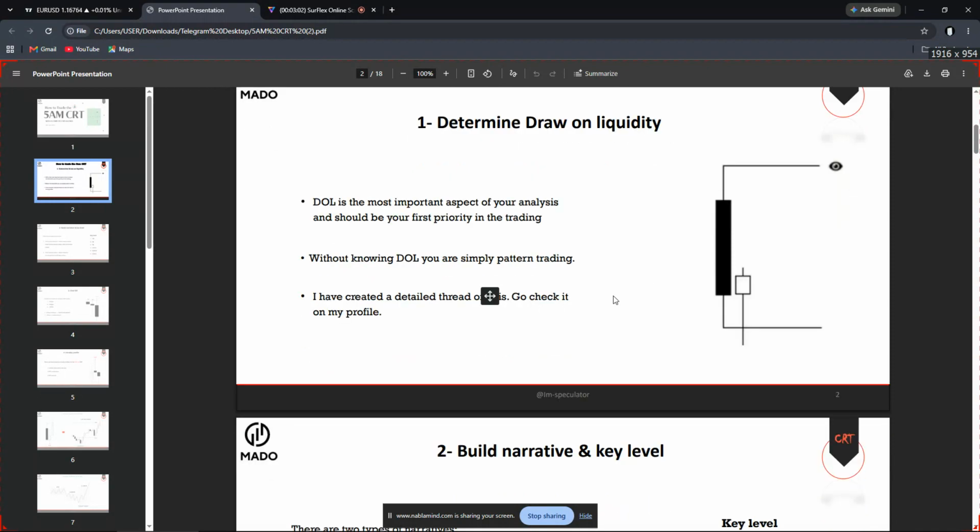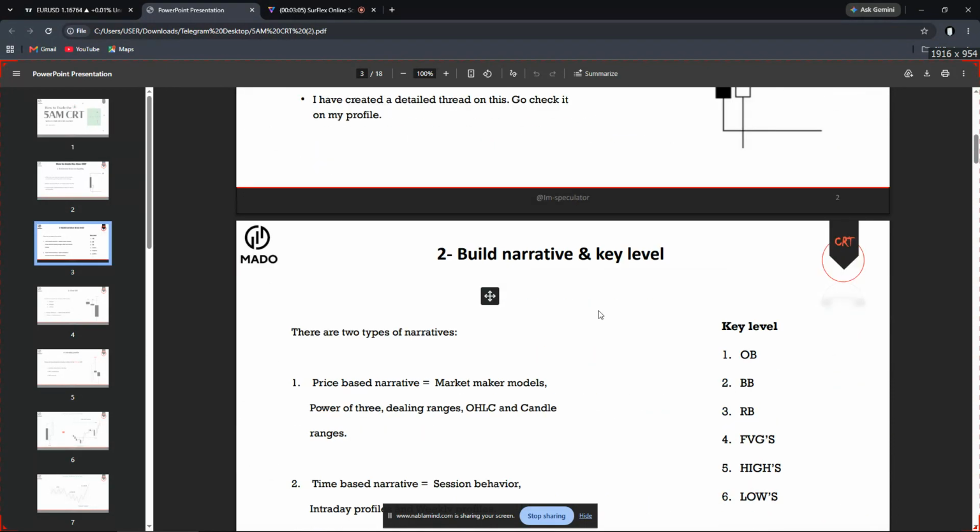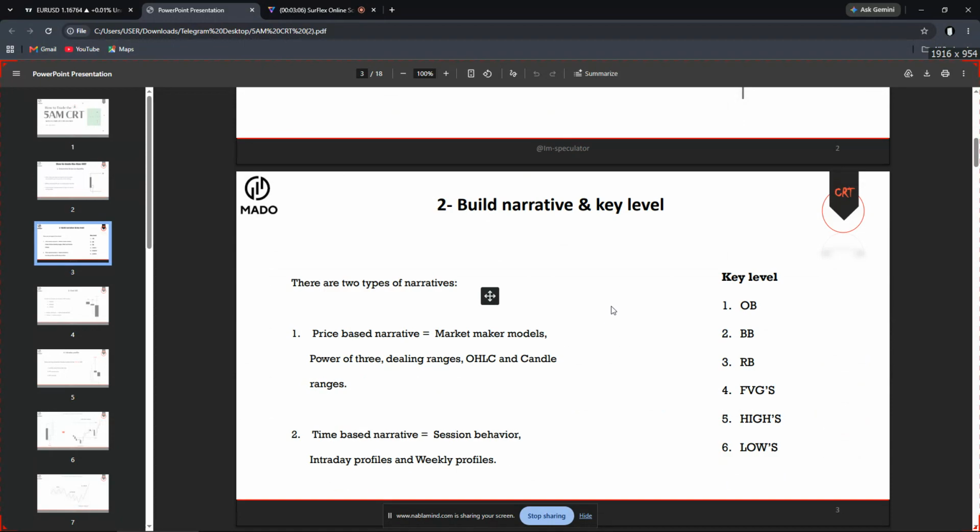Now, the next step is building narrative. Narrative is one of the most important aspects of this particular strategy. When you build a very exquisite narrative in the ecosystem of trading, it makes your trades more reliable. There are two types of narrative.